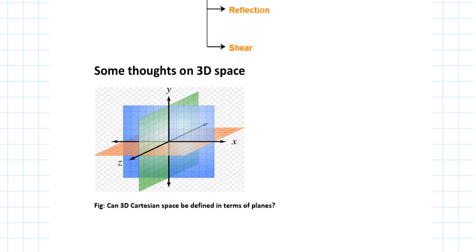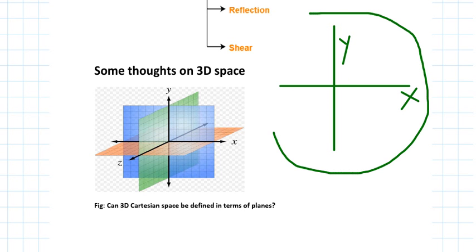And now the question is: can a 3D Cartesian space be defined in terms of planes? If you look into a simple two-dimensional coordinate system, two primary axes make your xy plane. This entire plane can be defined in terms of the x-axis and y-axis mathematically.